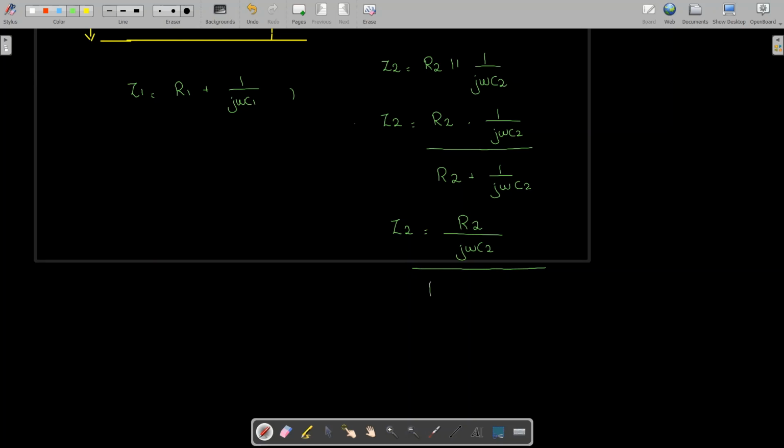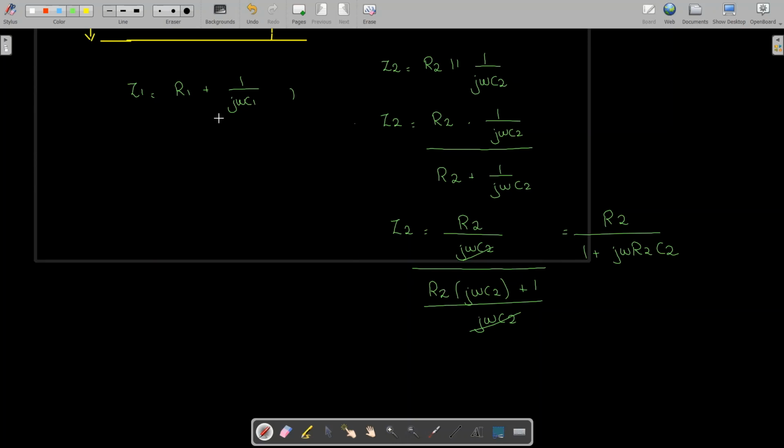So this will be R2 into j omega C2 plus 1 divided by j omega C2. So this j omega C2 and this j omega C2 is going to be cancelled out, and we are going to have R2 divided by 1 plus j omega R2 C2. So this is your Z2.